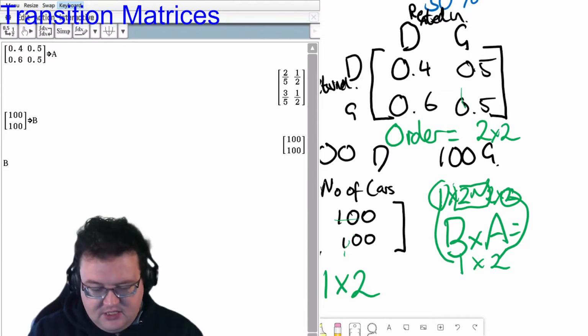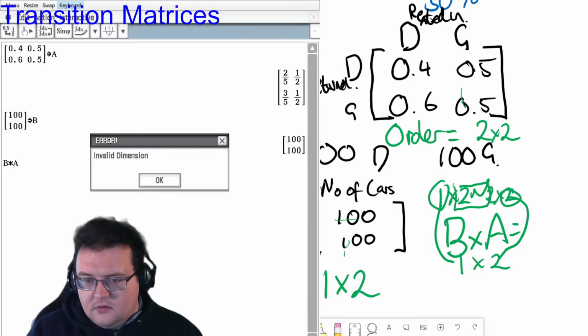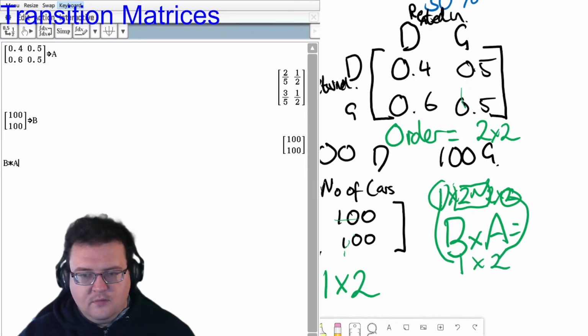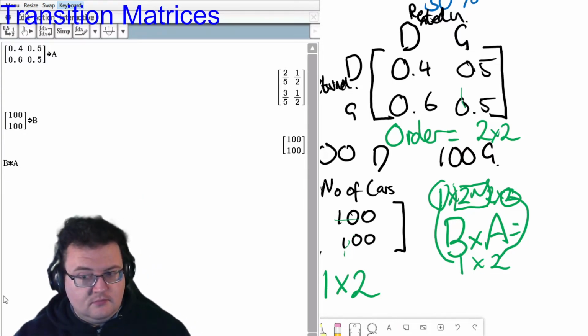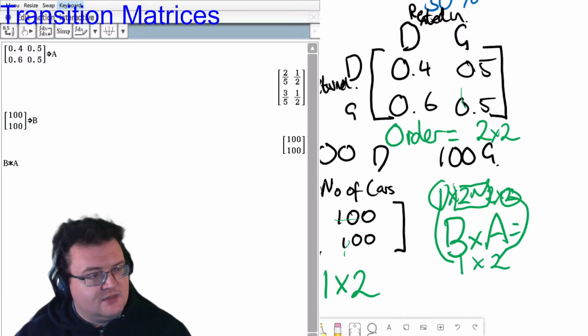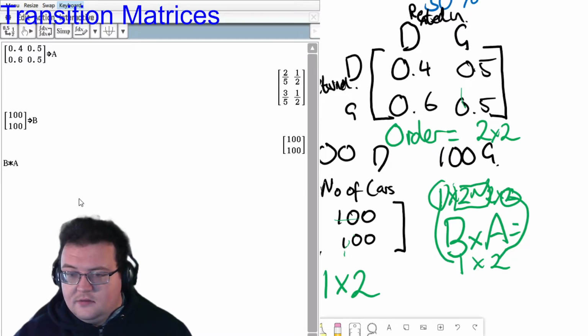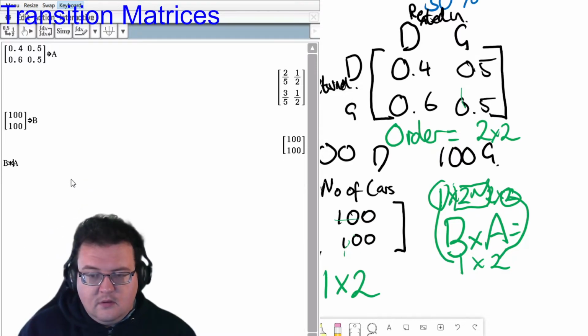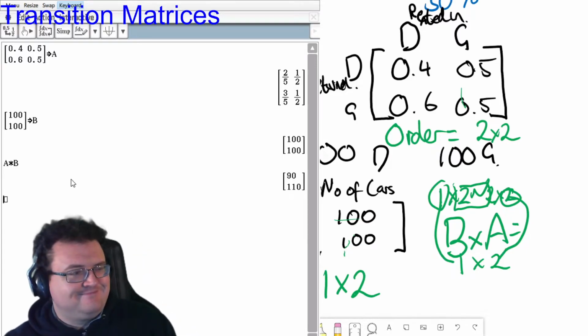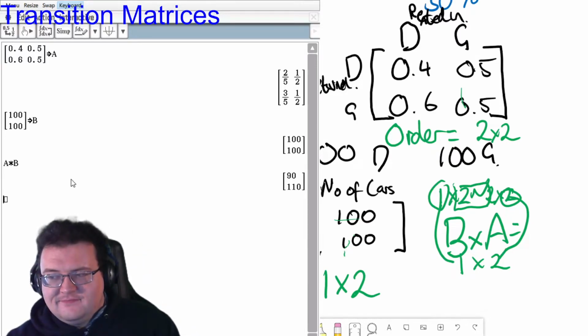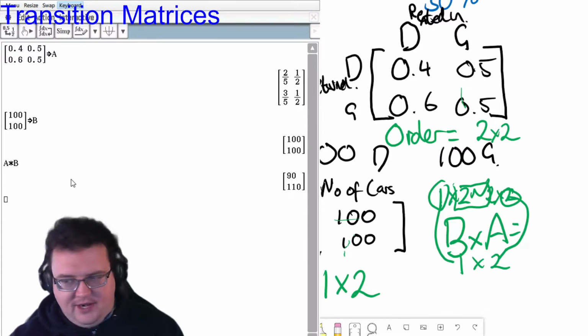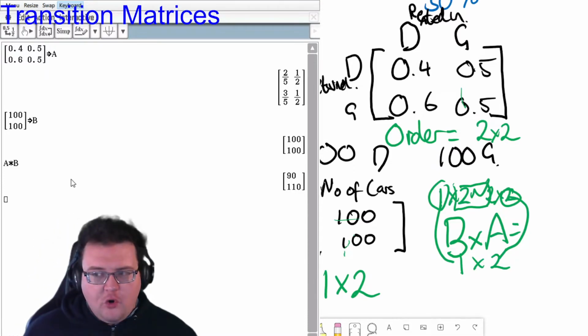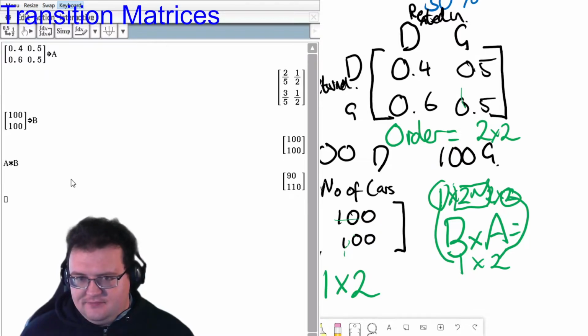Now we do B times A. Someone's made a mistake somewhere. It's not a 2 by 2, it's a 2 by 1. Remember, rows first, then columns.